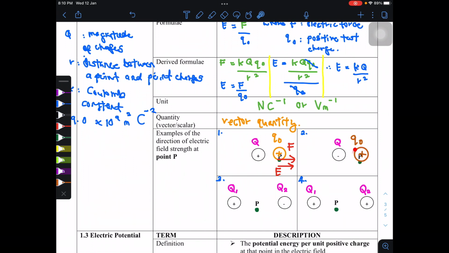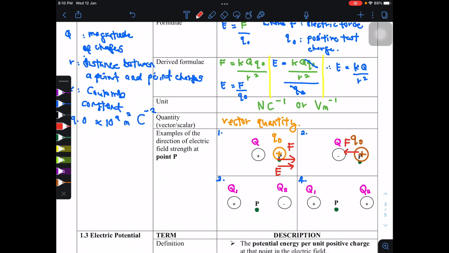So we can show the direction of the force F, which is to the left. Our positive test charge will be attracted to the negative point charge. So I label here, this is my force F.